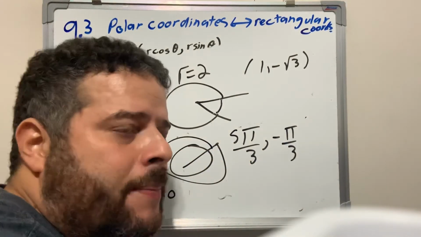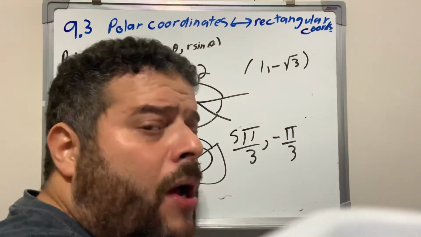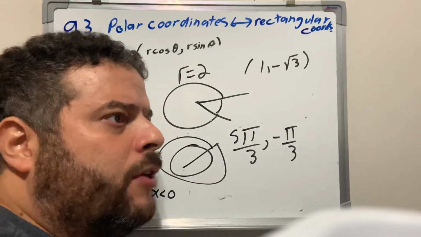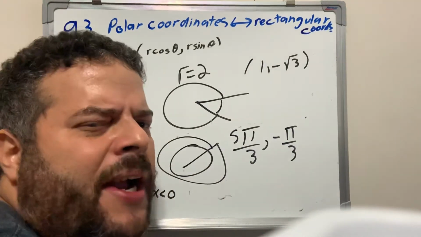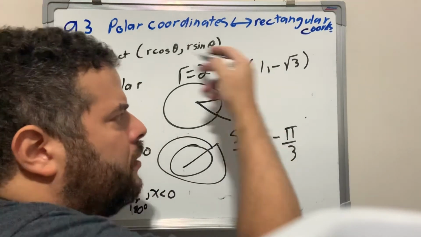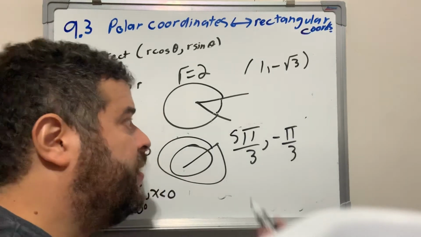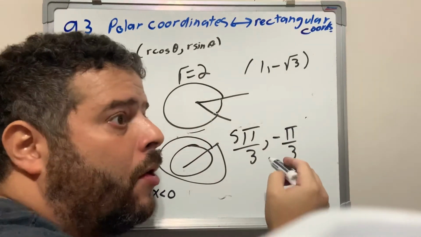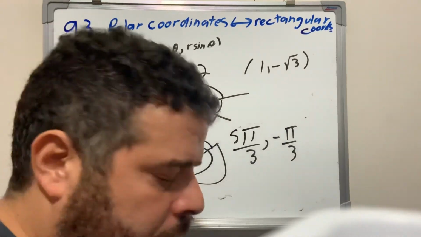Both are correct, the negative angle or adding 2 pi. I strongly suggest you use the negative angle so you get used to working with negative angles. The easiest way is to either find the positive angle and then subtract 2 pi, or find the negative angle and add 2 pi, and you're going to be done.